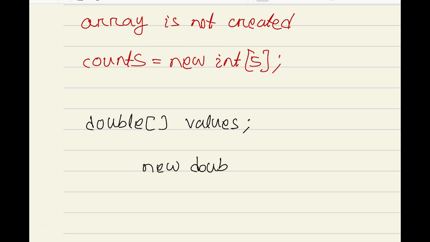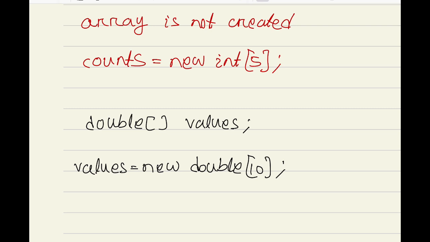new double, suppose size we are giving 10, any size you can give, and after the array is created we need to assign its reference to an array reference variable or to an array variable. So for that we can write values equal to new double 10.